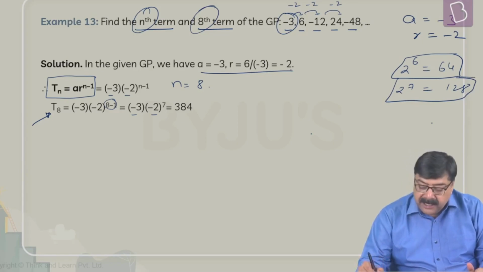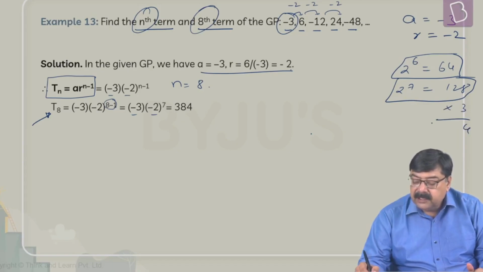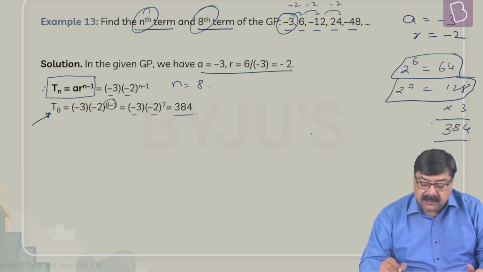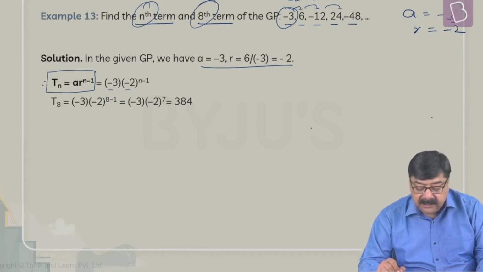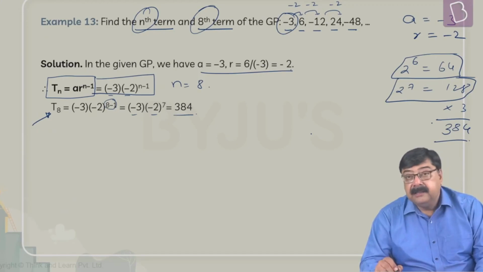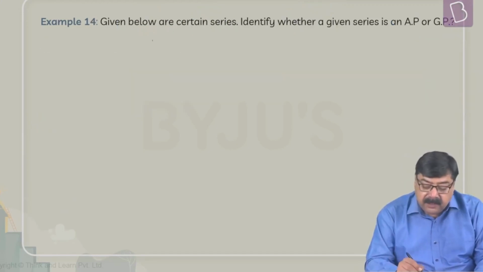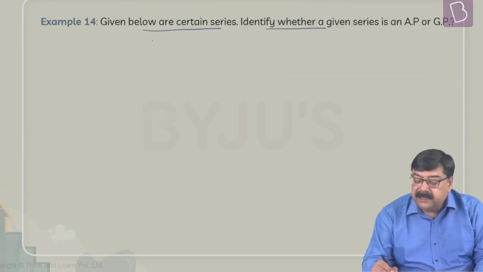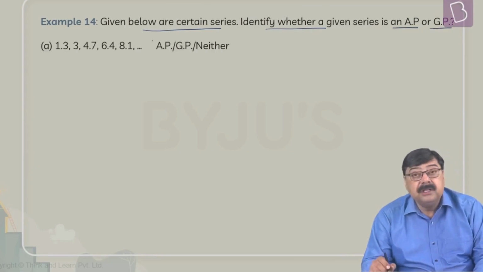So 128 into 3 is what we are looking at. So 8 3s are 24, 3 2s are 6, becomes 8, and 3 1s are 3. So we get 384 here as the 8th term. And this is the nth term.